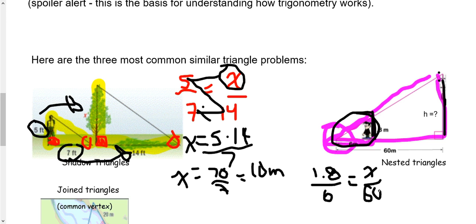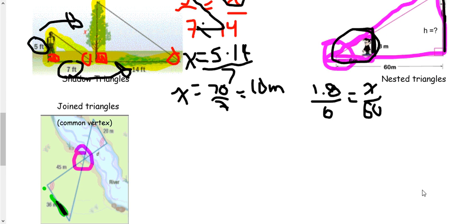Okay, well, what do we do? Well, Amazing Dr. Z, that's what we do. It's always what we do. Zip, zip, zip. So we'll go X is equal to 1.8 times 60 divide by 6.